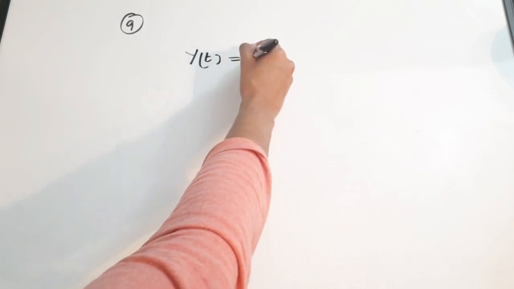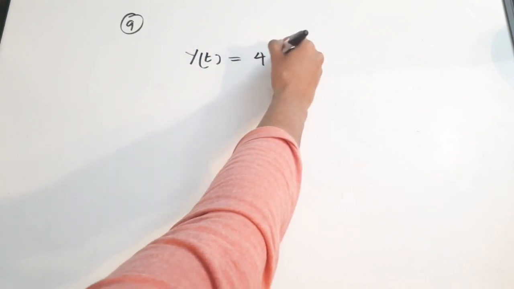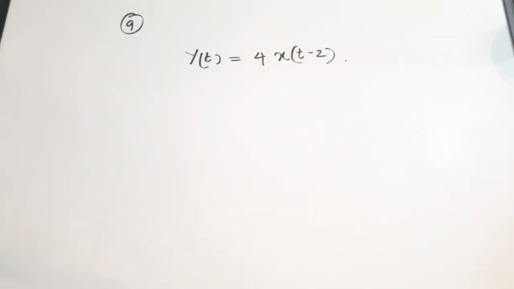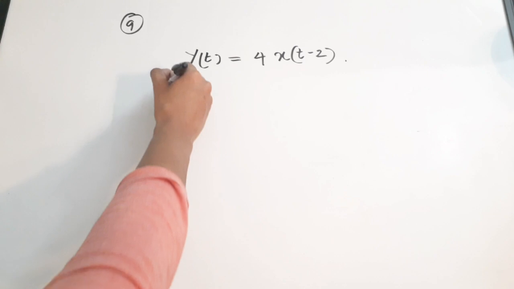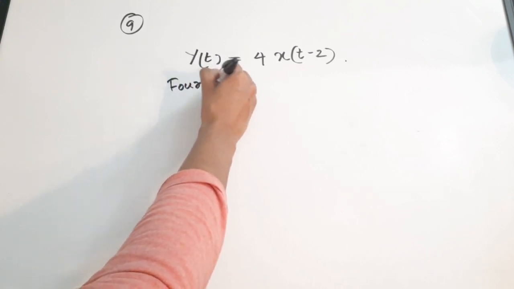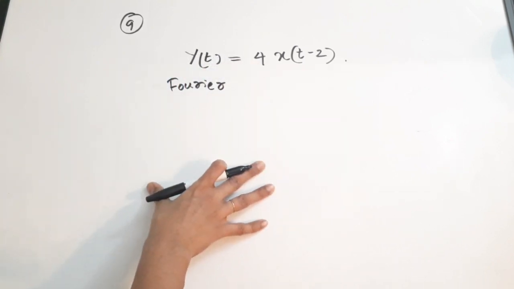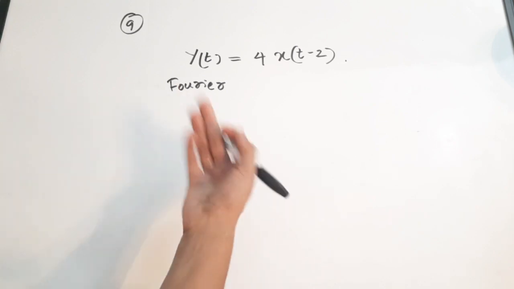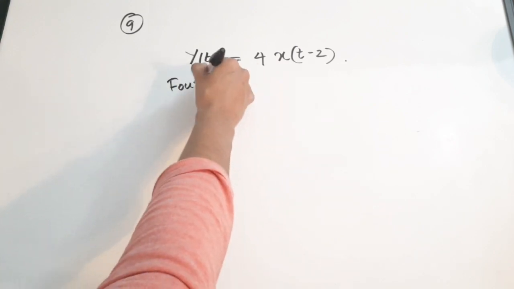y of t is equal to 4x of t minus 2. Right. So we have to take the Fourier transform. Why are we taking the Fourier transform? Because the options are given as frequency functions.